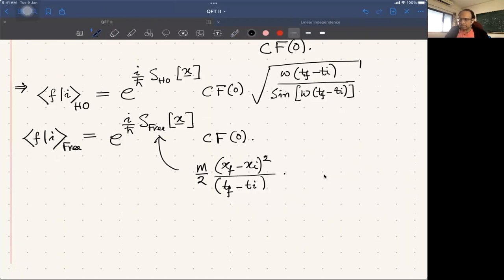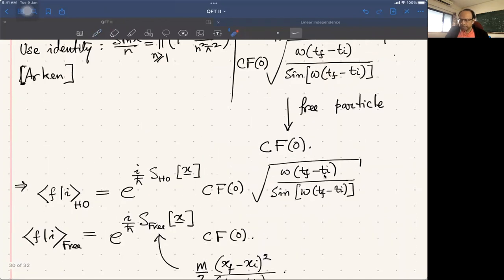Now the problem is to find this result in terms of my initial and final conditions.